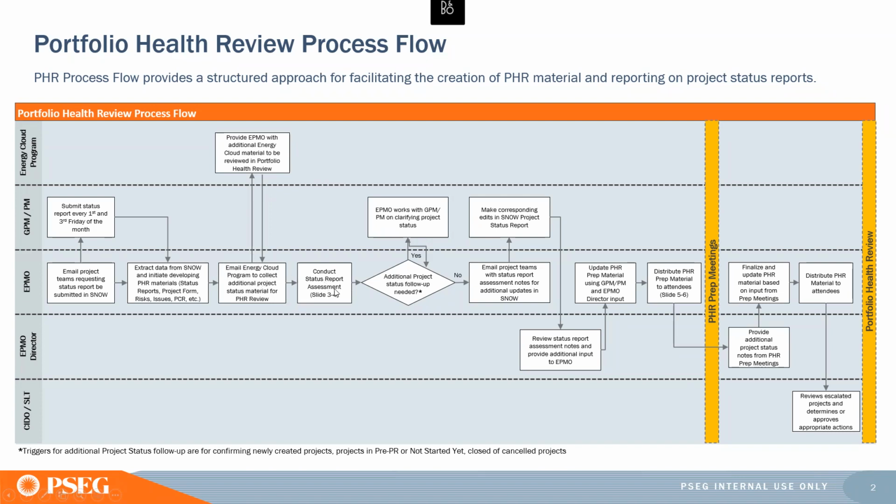Once all of that is done, a status report assessment is done. That's really just a series of quality questions that the PMO ops team looks at to determine: is this at the level we want to be communicating with executives, or do we have follow-up questions or inconsistencies in the information?